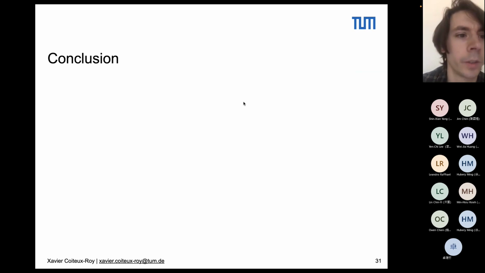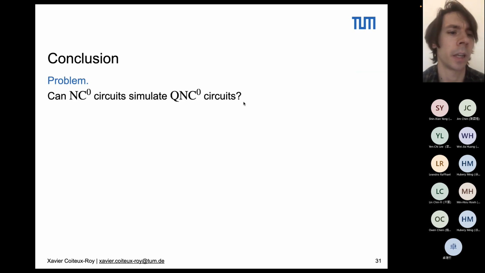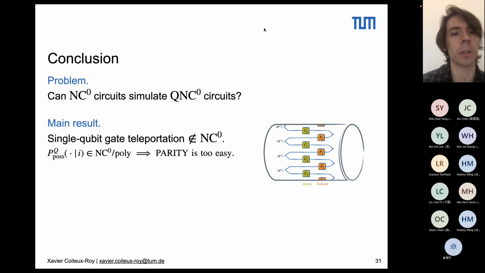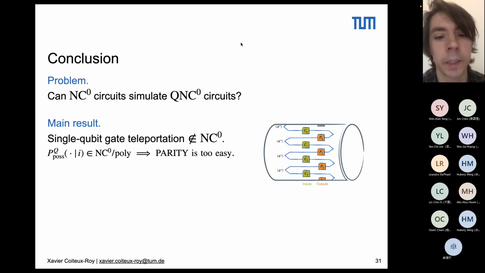So the conclusion is that our problem was, can NC0 circuits simulate QNC0 circuits? And our main result is that this very fundamental circuit of single-qubit gate teleportation cannot be in NC0.